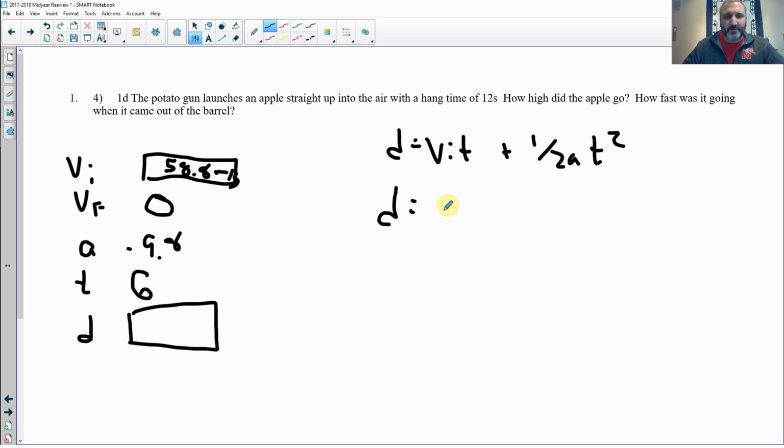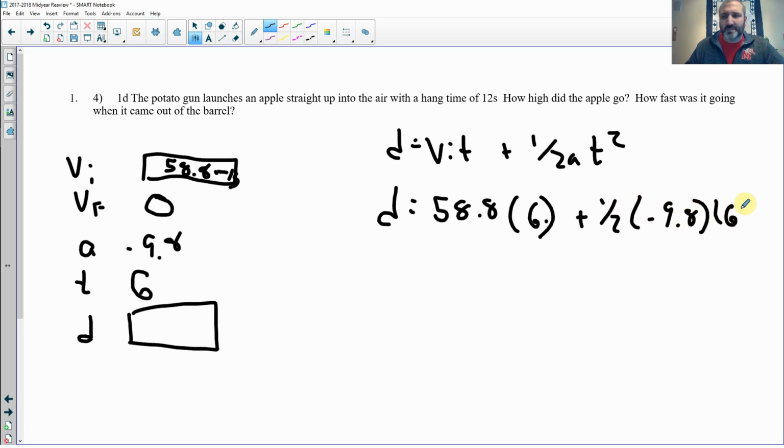So D equals, for me, 58.8 times 6 seconds plus 1/2 times negative 9.8 times 6 squared. That gives us a lot of numbers to add together.